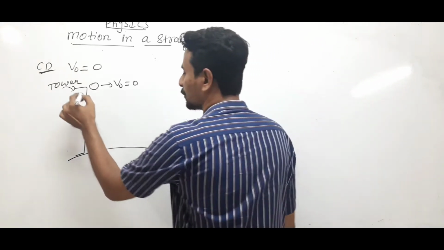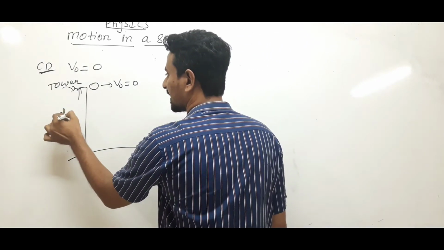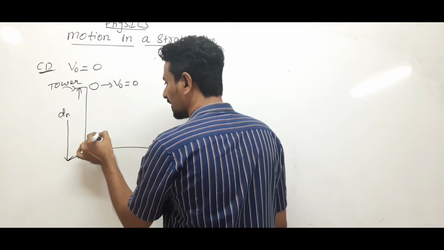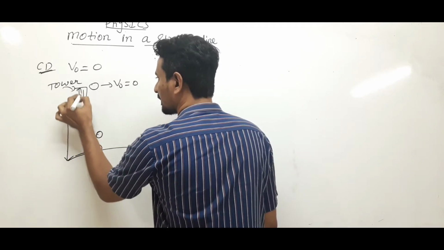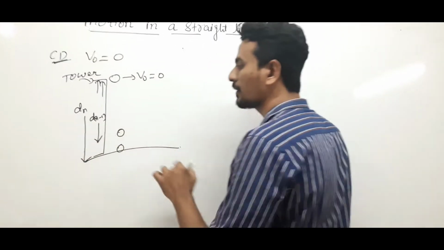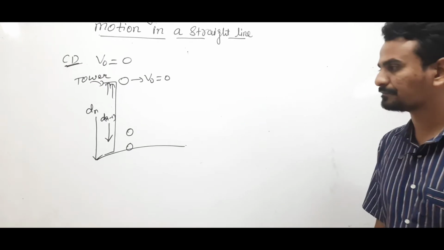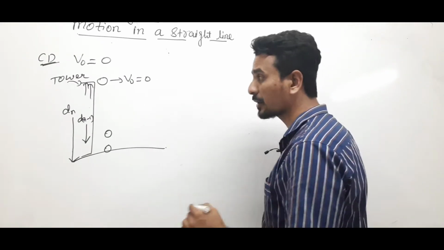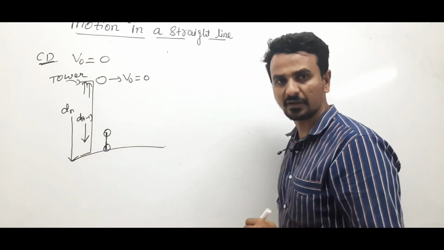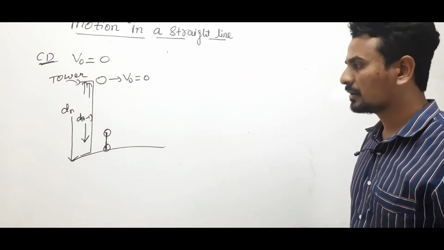Suppose it takes n seconds to reach the ground. So this will be the distance just 1 second before reaching the ground. According to the question, this distance is given as 7x, the distance covered in the second last second of its journey.